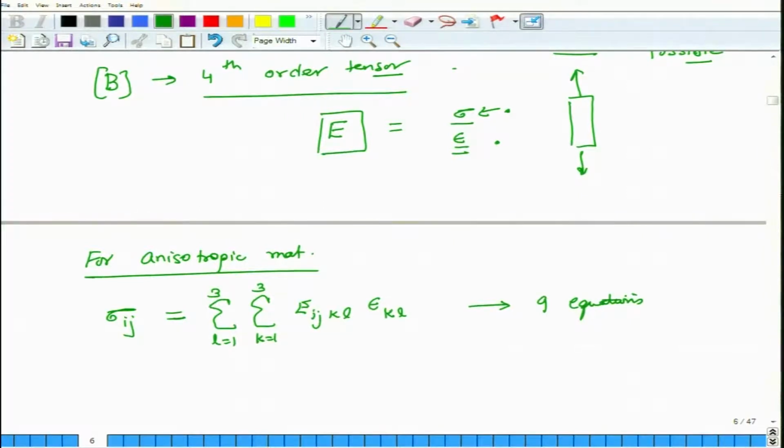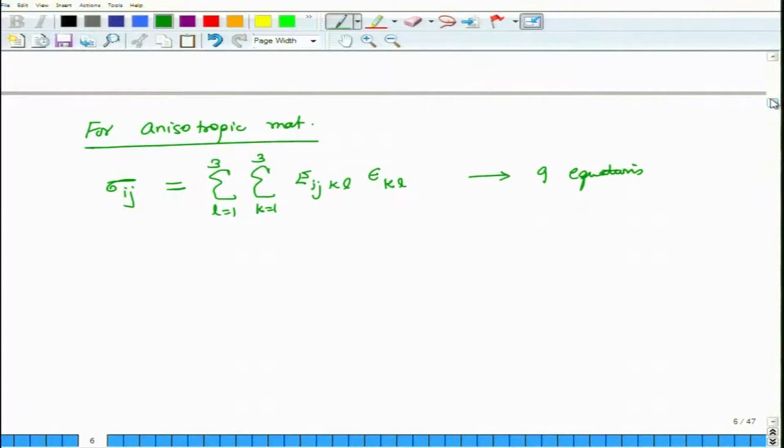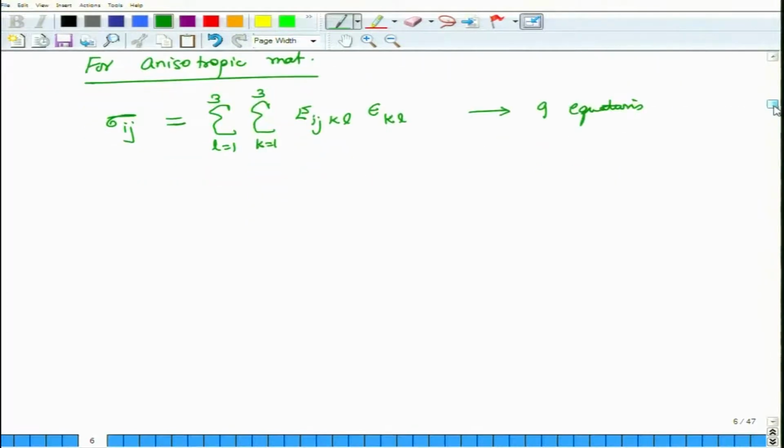9 equations. Why are there 9 equations? Because I can have 9 different values of sigma: sigma 11, sigma 22, sigma 33, sigma 13, sigma 23, and so on and so forth.